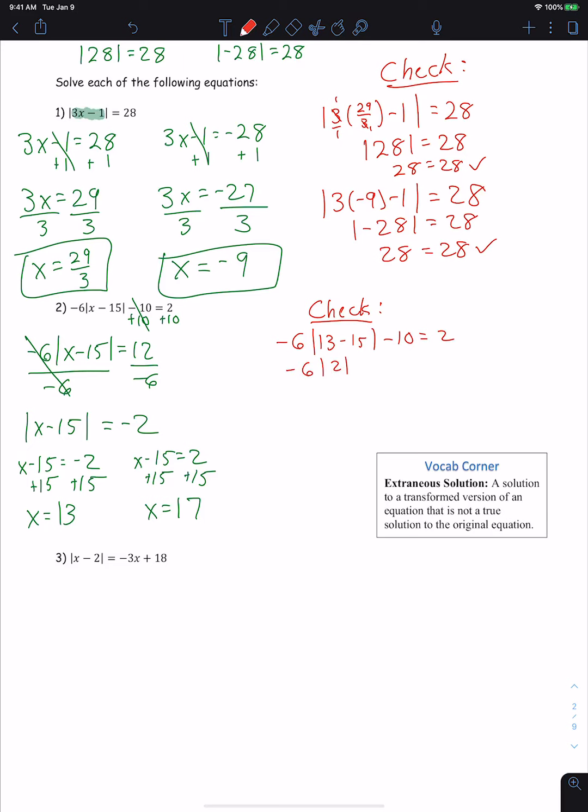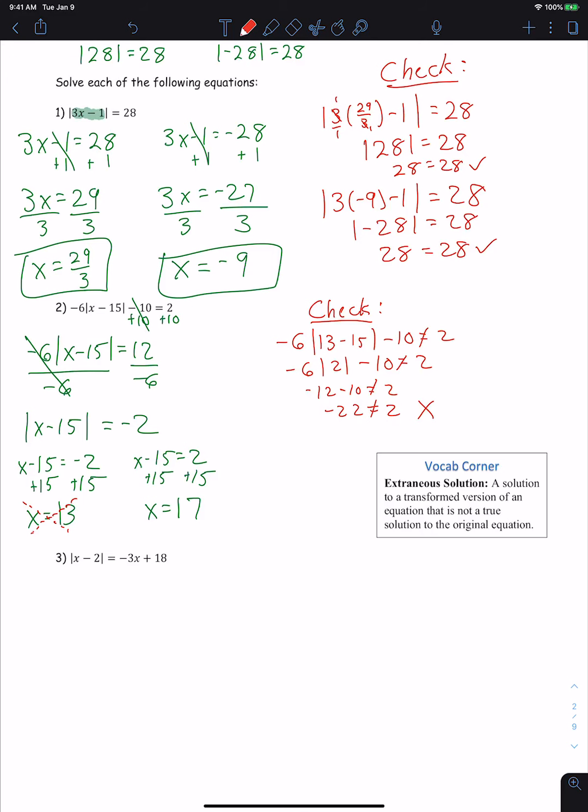That would be negative 12 minus 10 equals 2. Negative 12 minus 10 is negative 22, which is not equal to 2. So we change all these signs to not equal to. So this does not work. We actually reject 13. So 13 is a rejection.